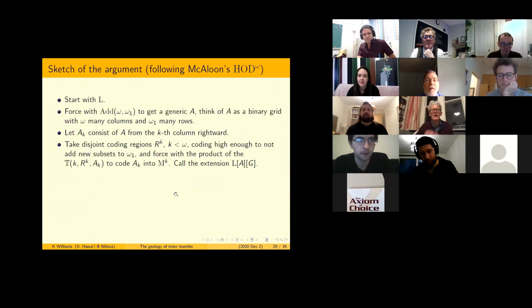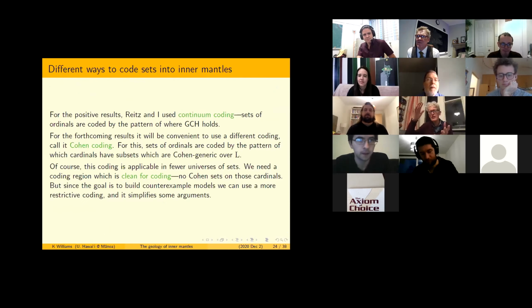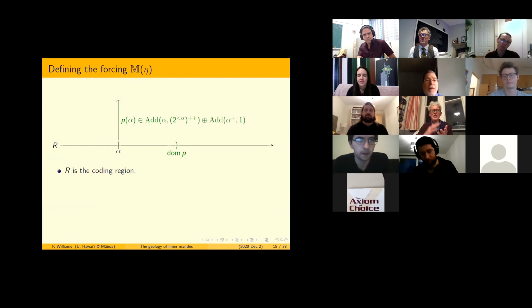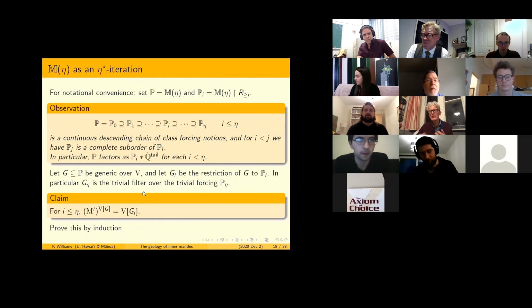At the very beginning, when you were first introducing the descending sequence of partial orders, this kind of reverse iteration. What kind of class chain condition are you getting on these P_i or on the Q_i?